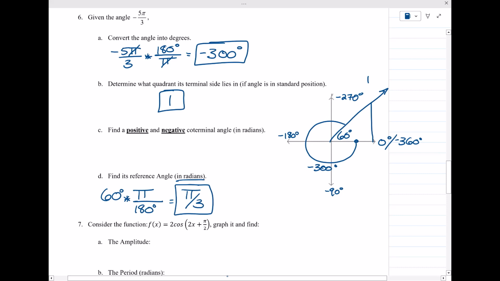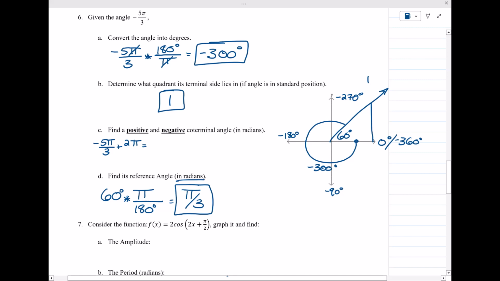And then the last thing is the coterminal angle. There's a couple different ways we can get coterminal angles. Remember, we said you could add or subtract 360. But one other thing we could do is 360 is the same thing as how many radians? 2 pi. So you could take negative 300, add 360 to it, and then convert it to radians if you want. It's going to be faster if we just take negative 5 pi over 3 and add 2 pi to it.